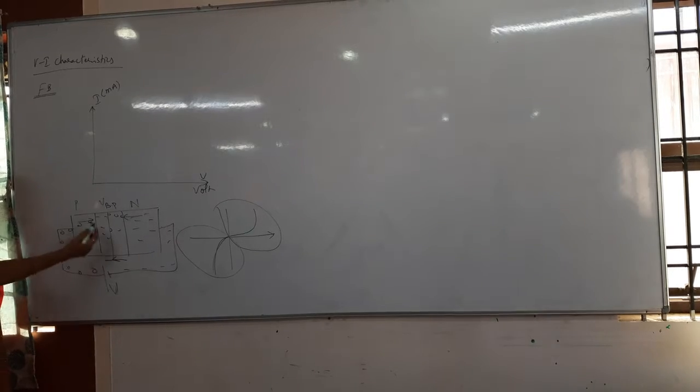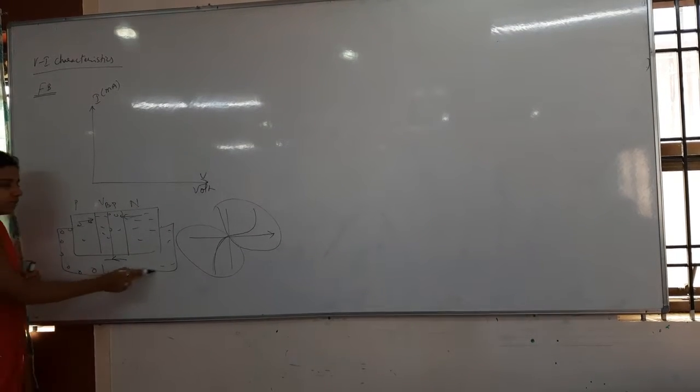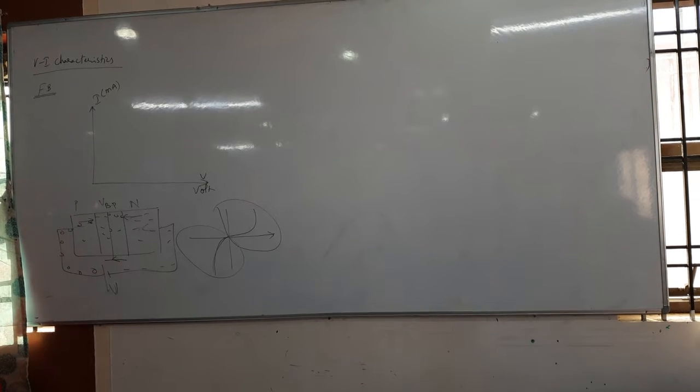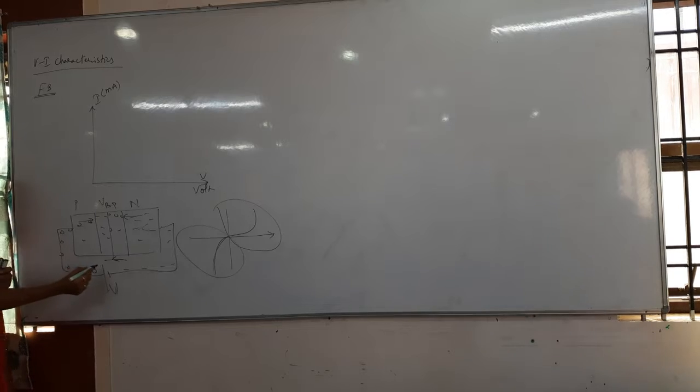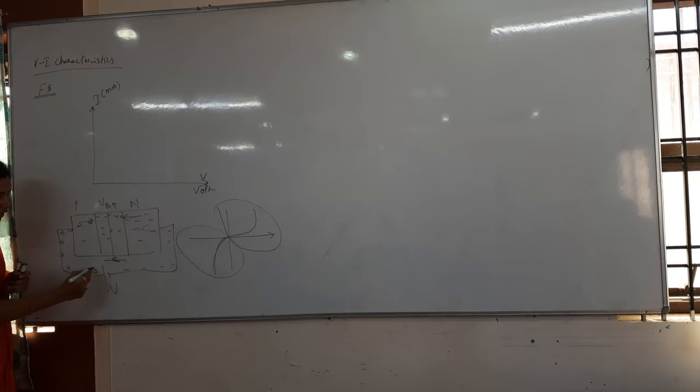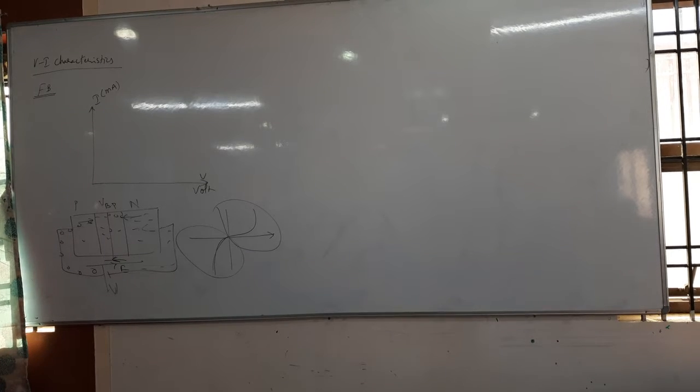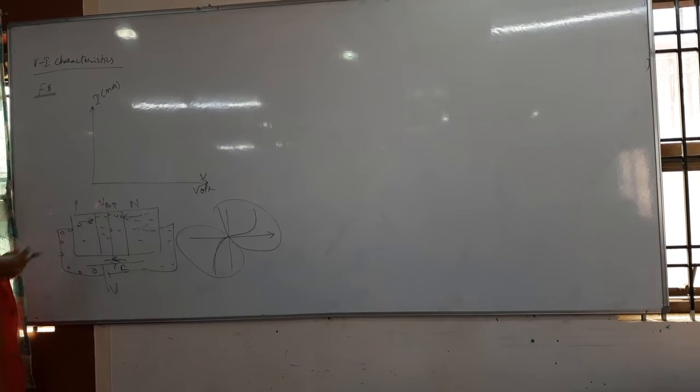Due to this external battery, the holes are continuously going into the P type and the electrons are continuously coming into the N type. Whenever these come in like this, this electric field will get dominated and a new electric field will be set up here. Because of that domination, the barrier potential is decreasing.